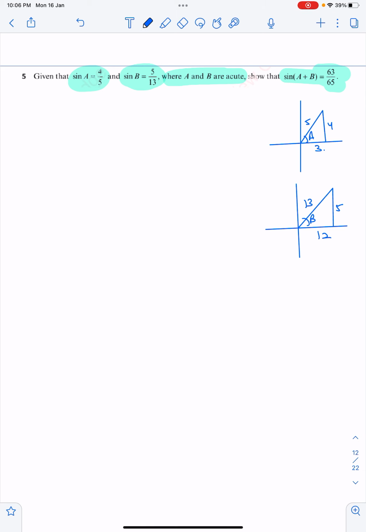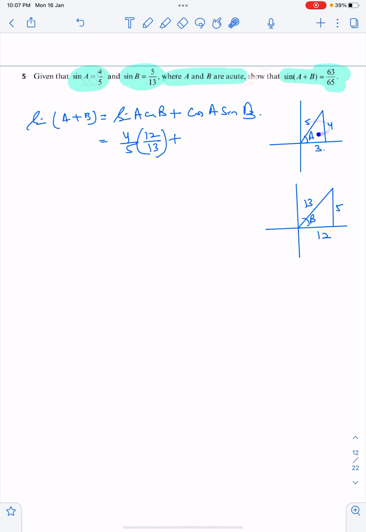Okay, you have to show that sine of A plus B equals this. Let's apply the formula. Sine of A plus B equals sine of A cos of B plus cos of A sine of B. Sine of A is 4 upon 5 and cos of B is 12 upon 13.